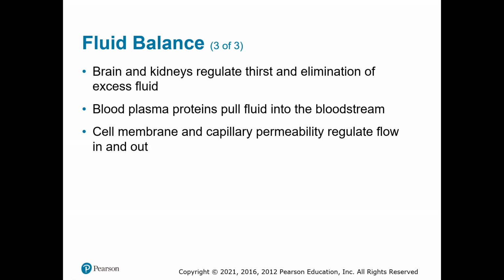The cell membrane and the capillary membranes will regulate the flow in and out. So the proteins will want to pull fluid into the bloodstream, and it really depends on the permeability to regulate that flow. So everything kind of works in conjunction. If your body wants more water, it'll increase your thirst. It'll give you that desire to drink more water.